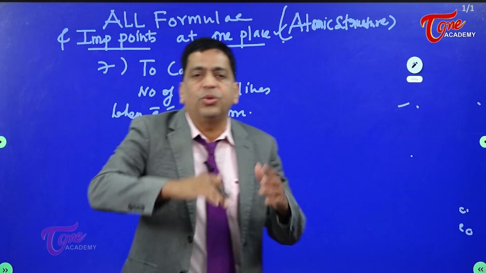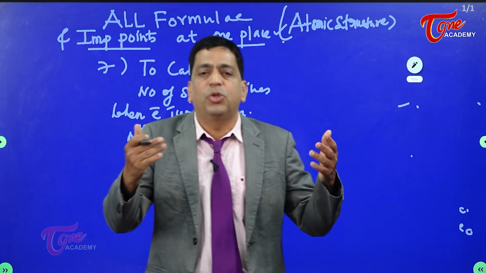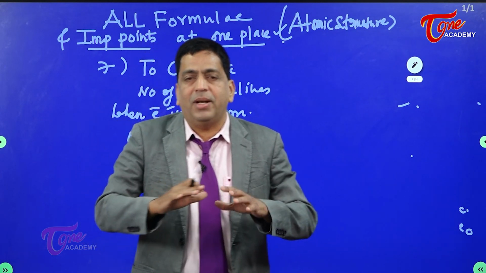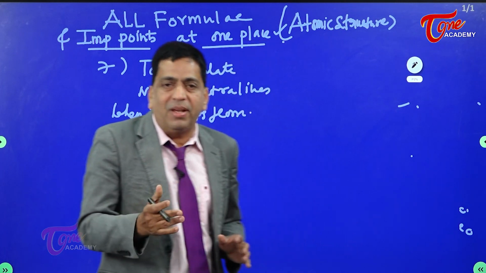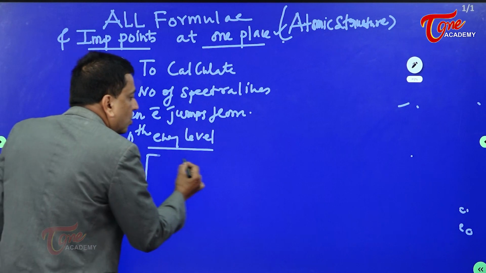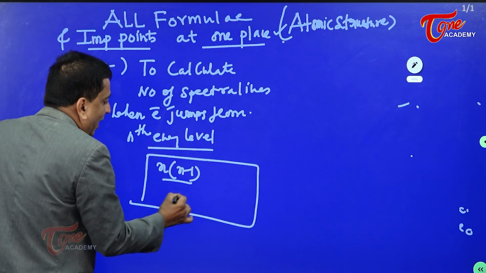It has gone to the nth energy level by absorbing some energy, and it's trying to come down. Now he's asking how many spectral lines can be produced here. Then you can write down this formula: n into n minus 1 by 2.